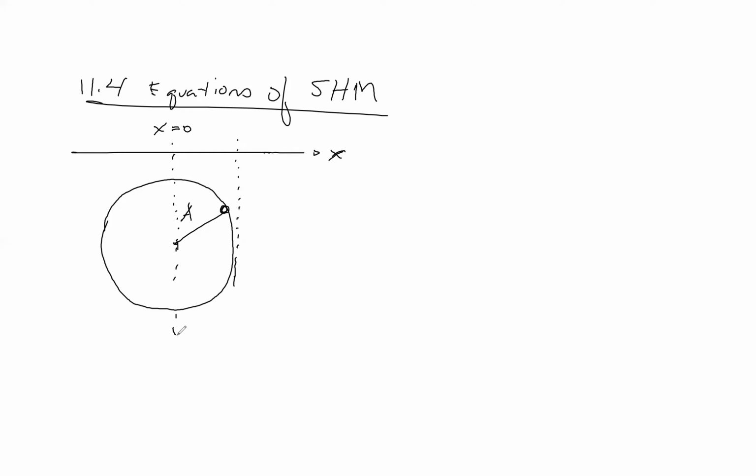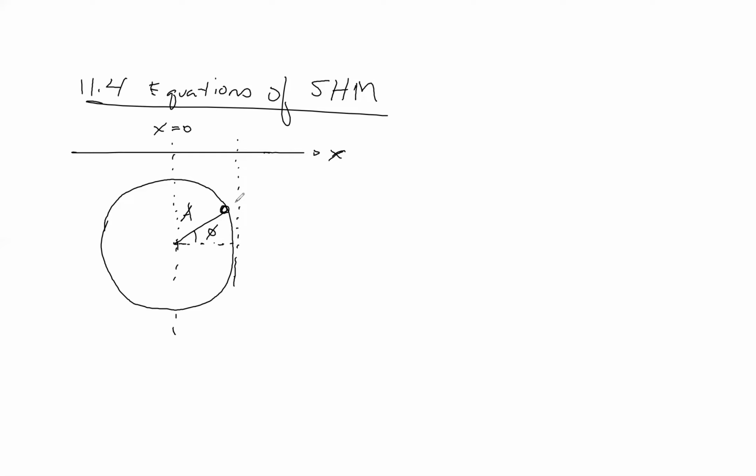But the maximum x value that that particle will have as it goes around, remember this turntable is rotating. At some point, it's going to have some angle phi that that particle makes on the turntable with this horizontal line. But anyway, that particle will be moving back and forth in this x direction.